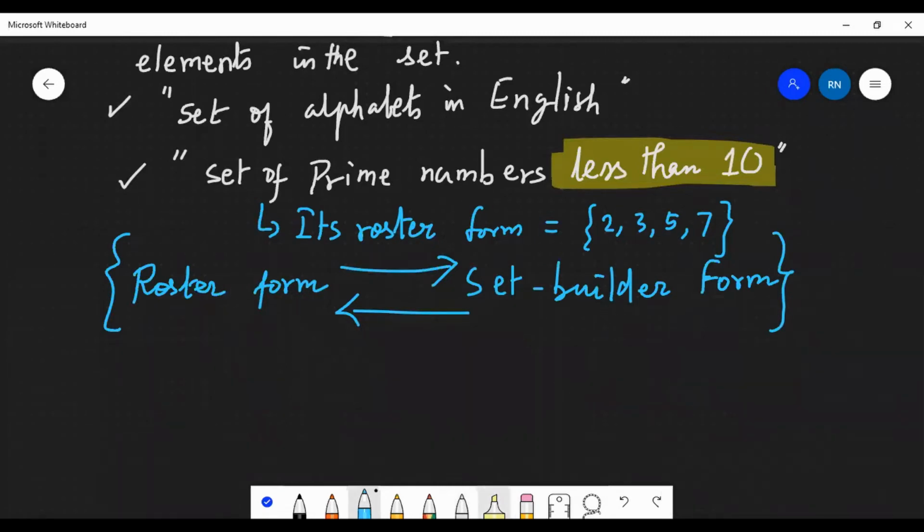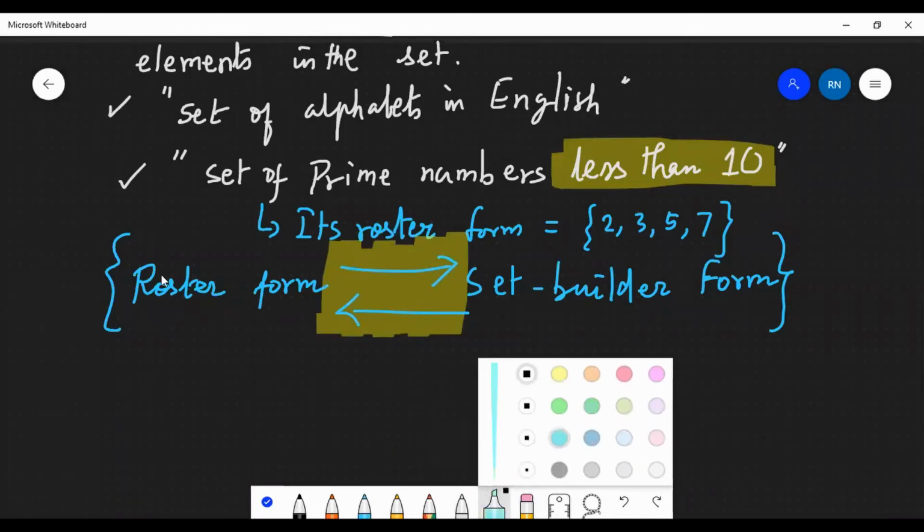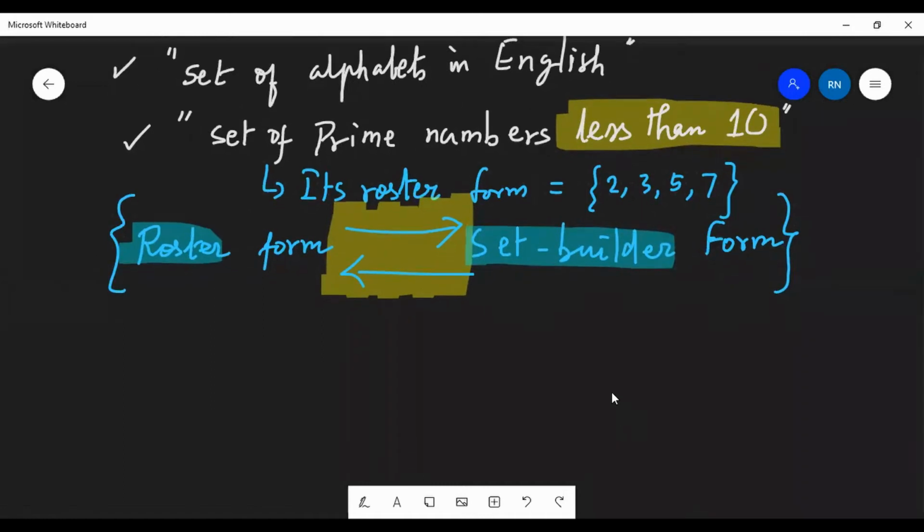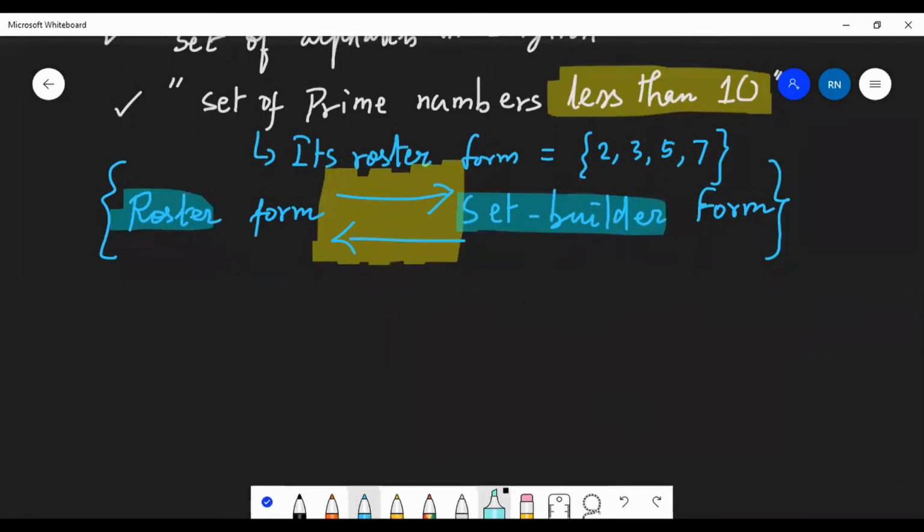So you must be able to interpret and convert. So this is the basic idea. So from roster to set builder, or reverse from set builder to roster. And before doing that, that will be, I think, the first exercise for you. Before that, let us understand the types.